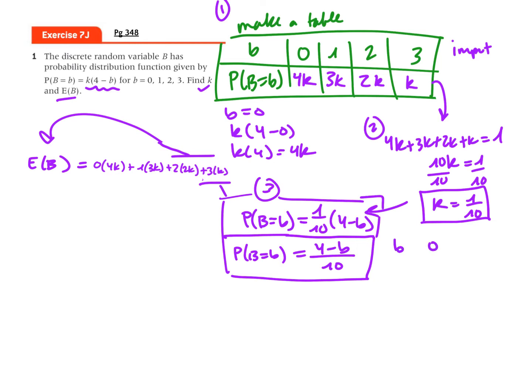B: 0, 1, 2, 3, and probability of B equals b. This is 4/10, 3/10, 2/10, and then this is 1/10.